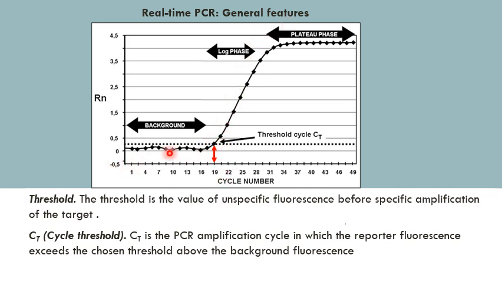So the threshold is these values of the unspecific fluorescence. The CT, or the cycle threshold, is the PCR amplification cycle in which the reporter fluorescence exceeds the chosen threshold above the background fluorescence. It means that this is the cycle where the first reporter will report its signal, and you can start to detect your template DNA.